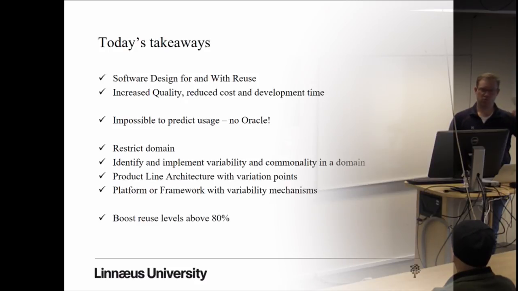There are examples way up above 90, 95%. And speaking of market competition, if you can reuse 95% of your application compared to your competitors, your offers will be the best, and you can still have a larger margin in your business.